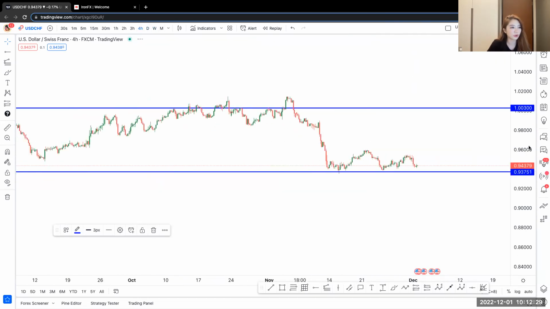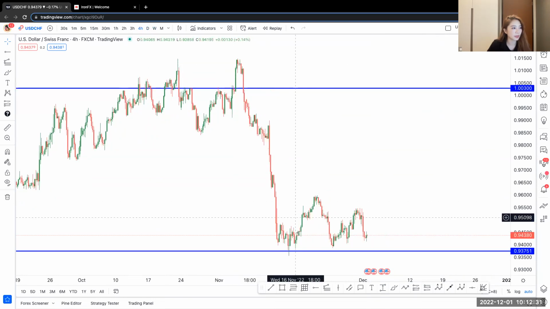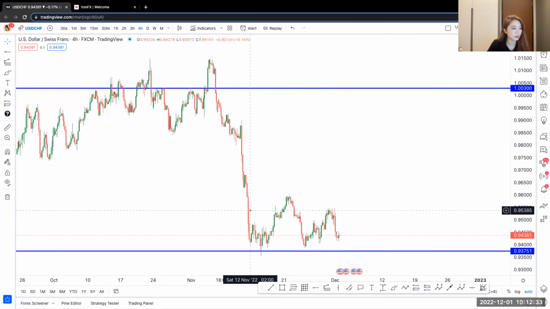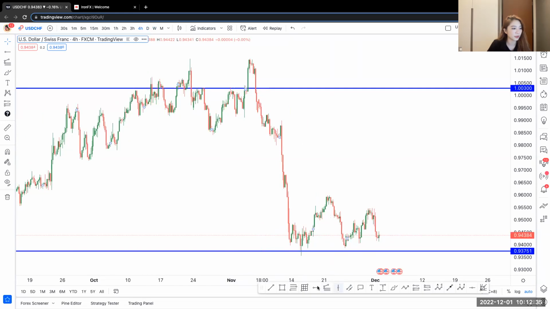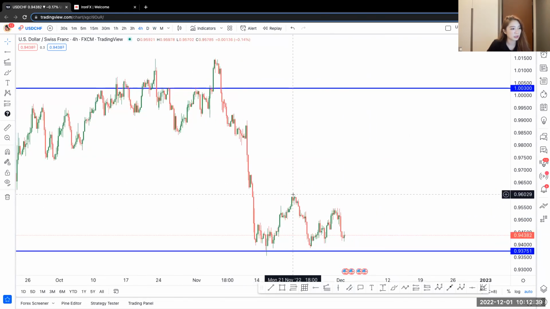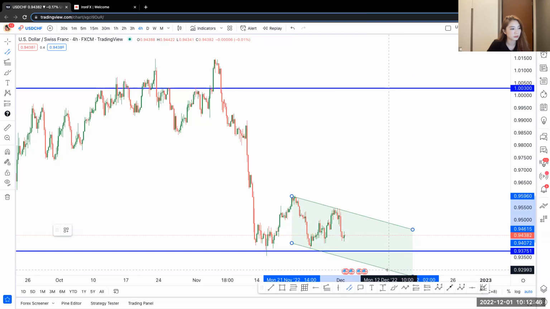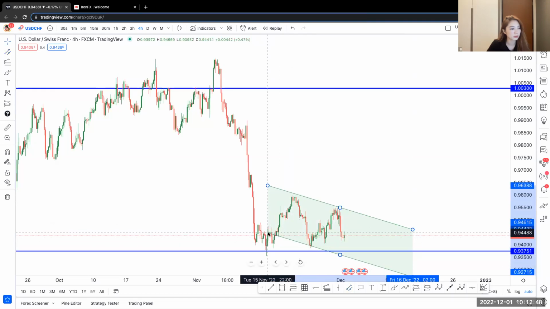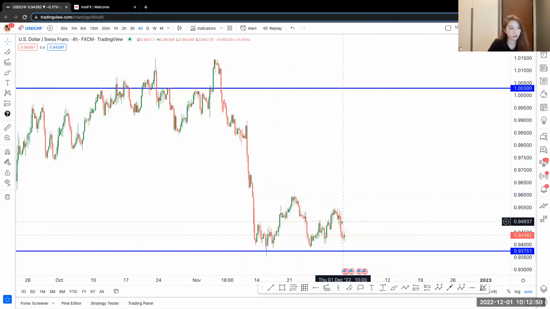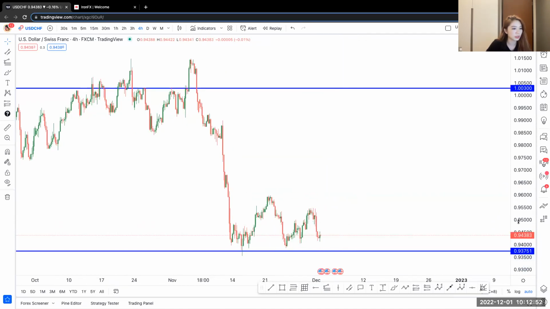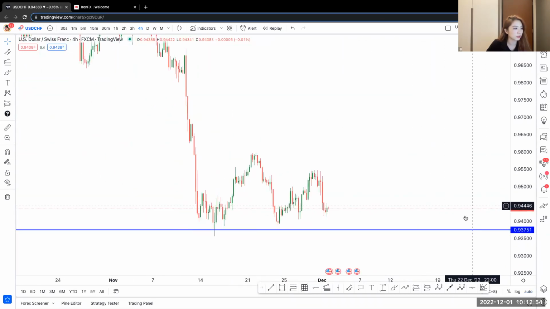Let's look at H4. Yeah, on H4, we have a massive drop previously on the 12th of November. We are looking at the recent drop. That is looking a lot like this. Not the most pretty, but let's zoom in on this part.